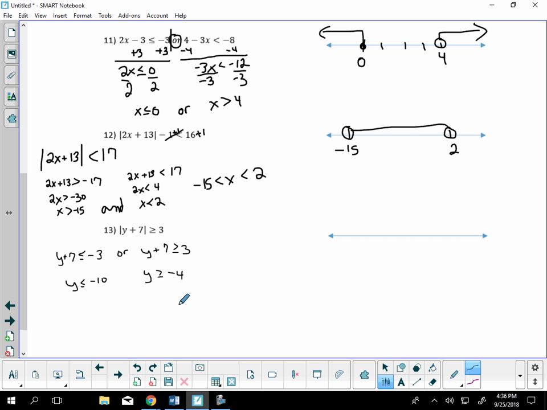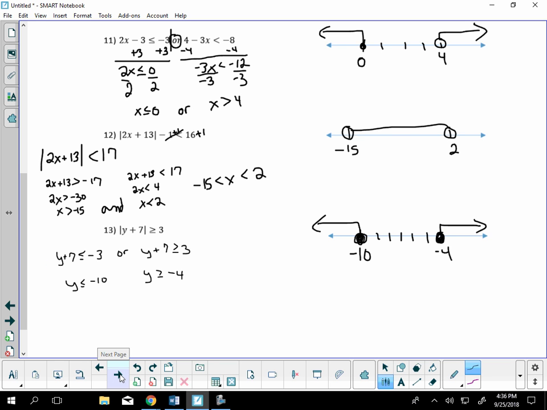All I did there was I subtracted 7 from both sides. So when I graph this one, negative 10, closed dot, and it's pointing to the left, so I shade to the left. Closed dot at negative 4, shade to the right.